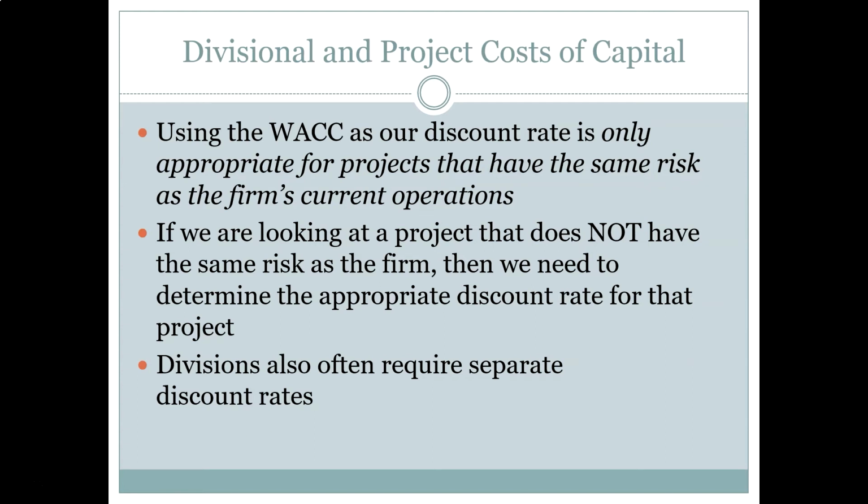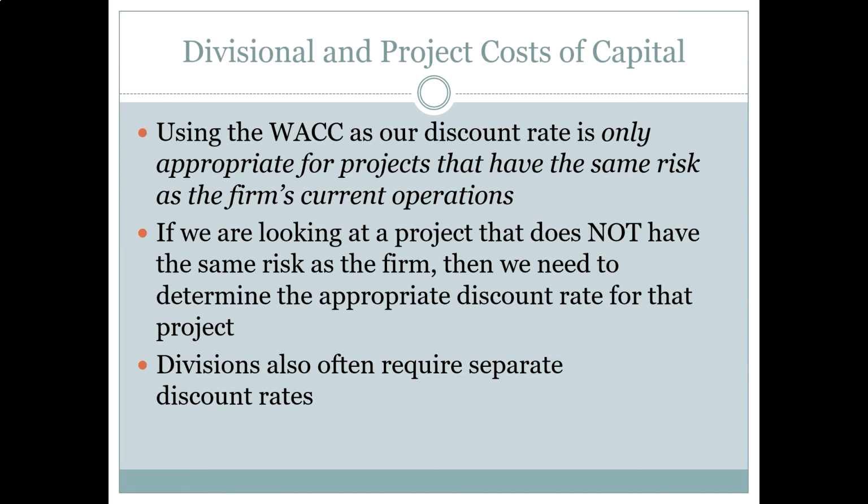The last thing that we want to talk about here is pretty important, because there are a few cases where the weighted average cost of capital is not the appropriate required rate of return for firms. That is mainly the case when we have big conglomerate firms.